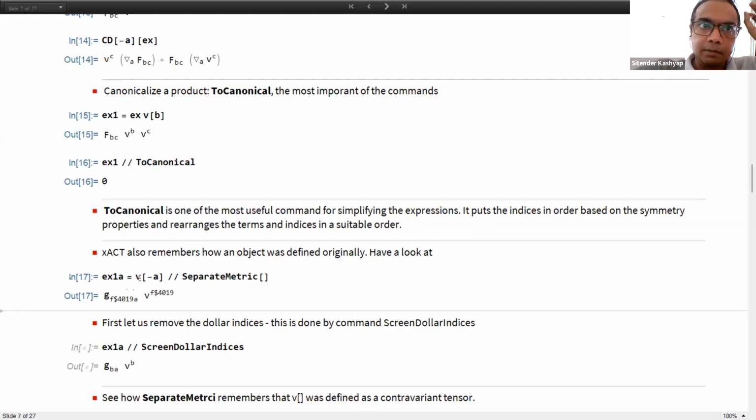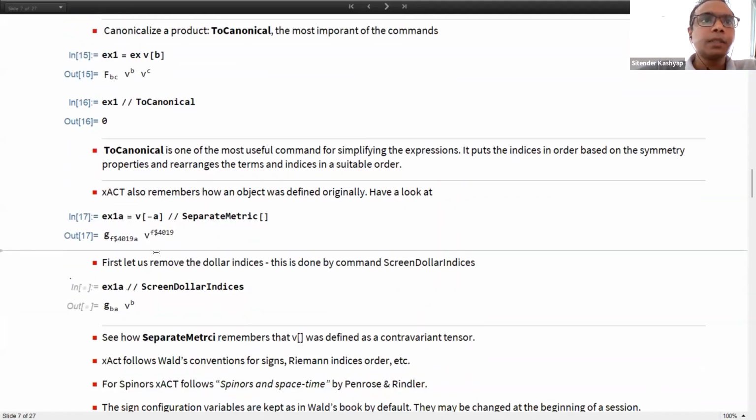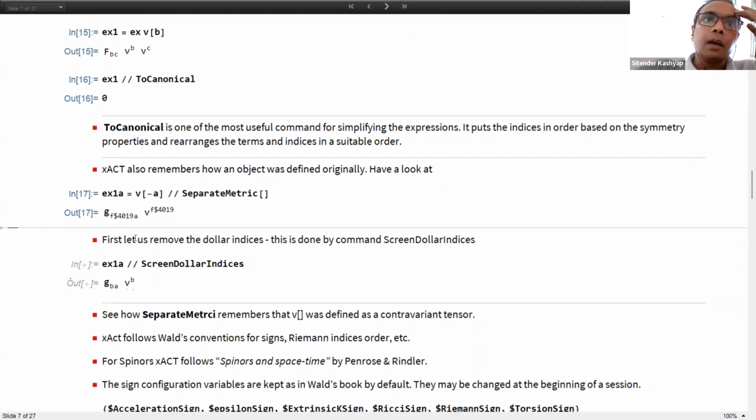For example, this vector was originally defined as a contravariant vector, but here I have entered it as a covariant vector. So obviously, to lower the index, I'll have to introduce some metric, and that metric was G, which we defined. So that's what SeparateMetric does. Now you see these funny looking indices. So let's remove these dollar indices, and there is a command for doing so called ScreenDollarIndices. Once we do that, you see very neatly what this object is: G, BA, BB.